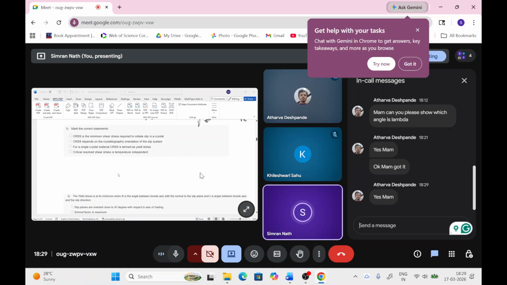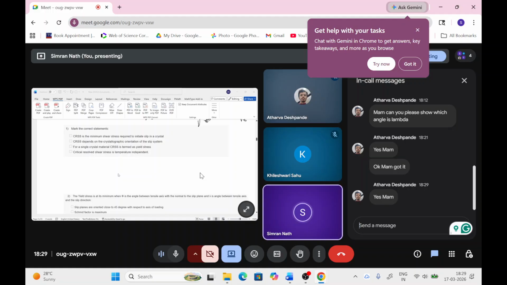The first question says to make the correct statement. The first statement says that CRSS, critical resolved shear stress, is the minimum shear stress required to initiate slip in a crystal. So this is a correct statement.